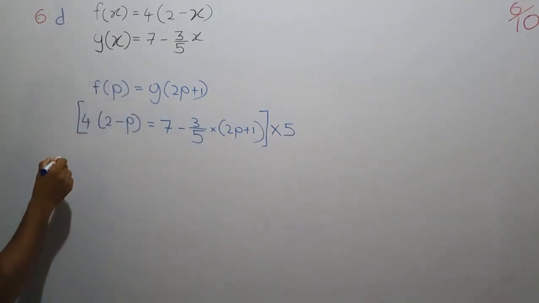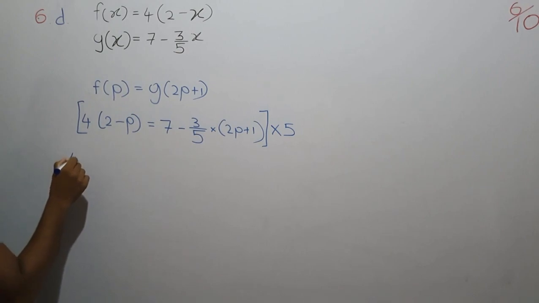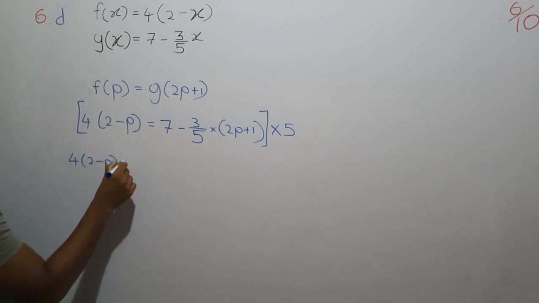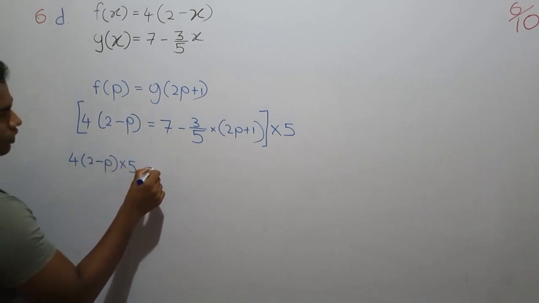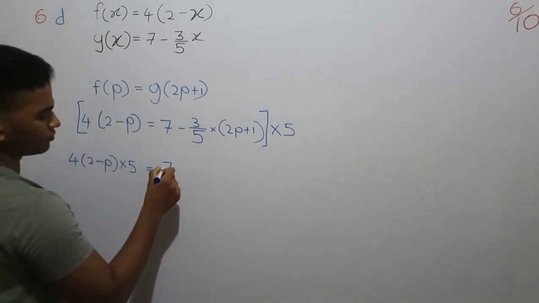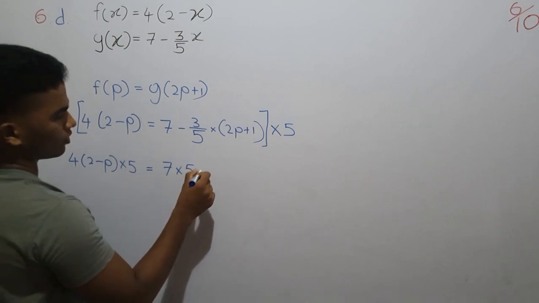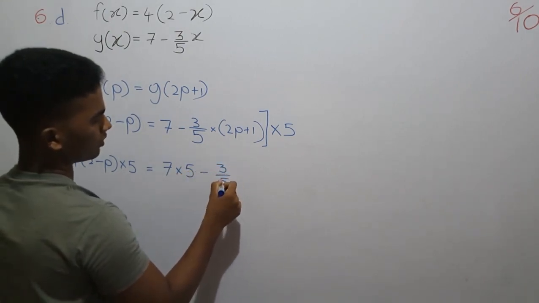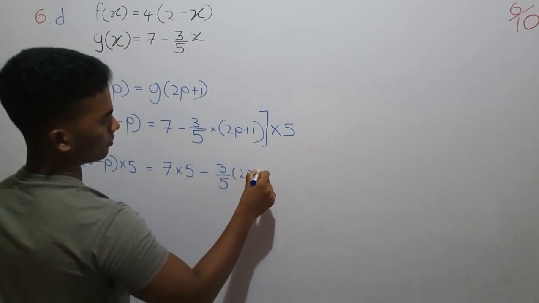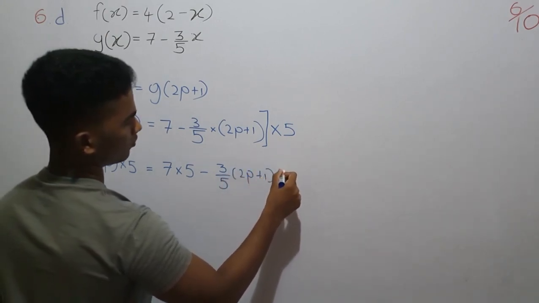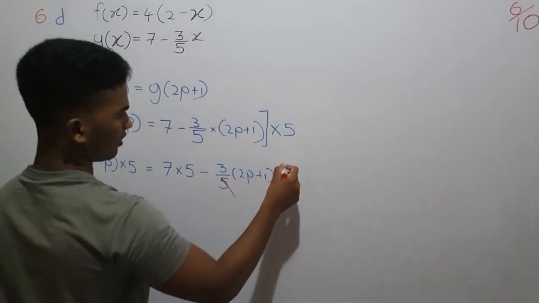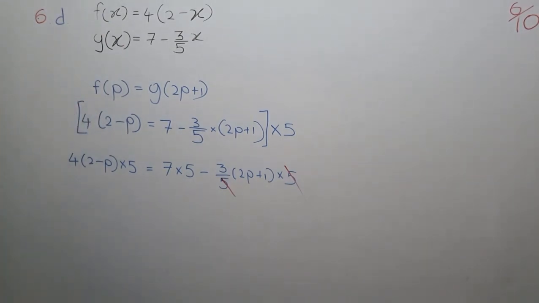So 4 into brackets 2 minus p into 5 equals 7 into 5 minus 3 over 5 brackets 2p plus 1 into 5. So this 5 and 5 will get cancelled. Now we have no denominators.